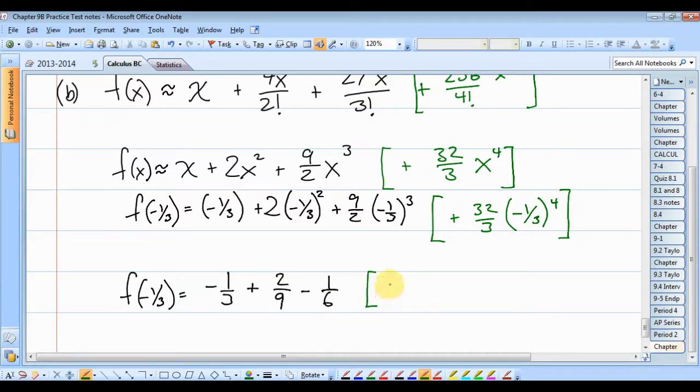Green plus, let's see, 32 over 3 to the 4th times 3 is 3 to the 5th. 9 times 9 is 81, so 243.